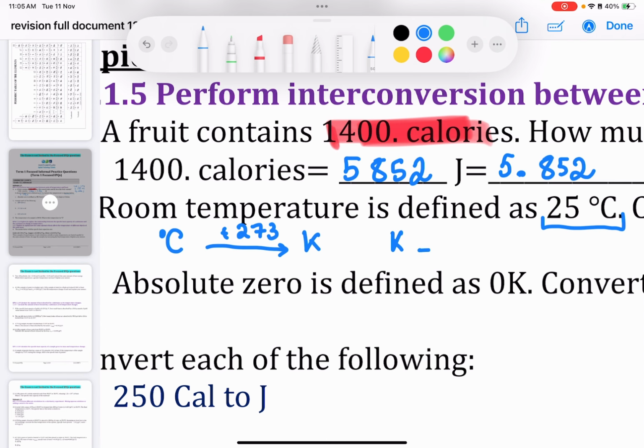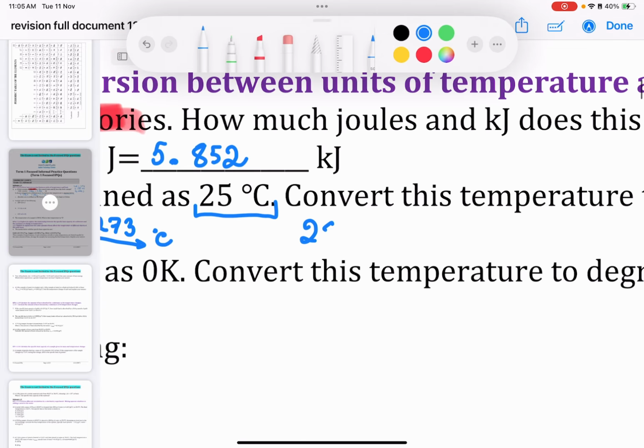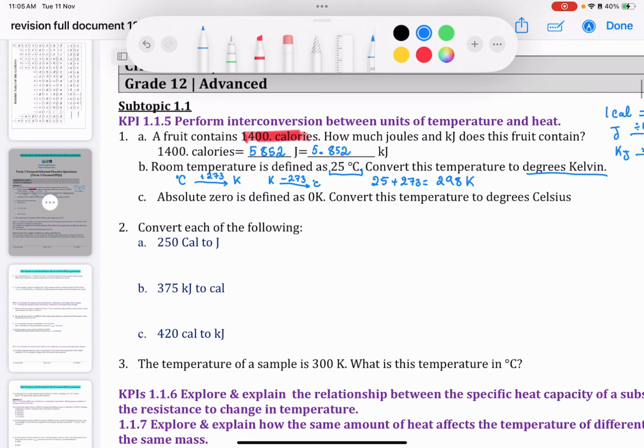Whereas to convert from Kelvin to Celsius, we subtract 273. Now, having this temperature in Celsius, we add to it 273, and the answer is 298 Kelvin. This is how I convert Celsius to Kelvin.